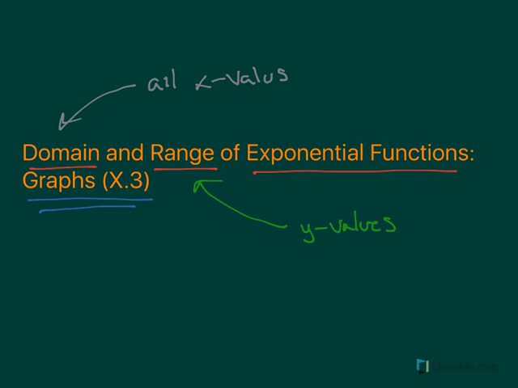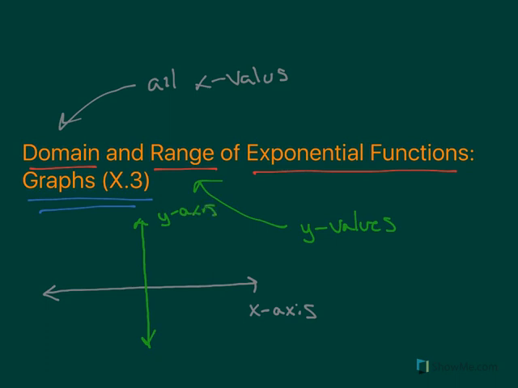So if you're looking at a graph, for the x values, you're going to be looking at all the possible numbers that could go in for variable x, so your x-axis. And for your range, you're going to be looking at all the numbers that could go in for the y values. So you're going to be looking at your y-axis.